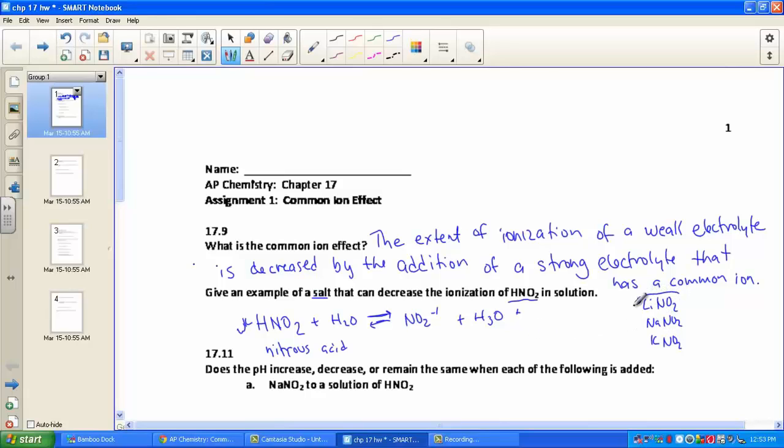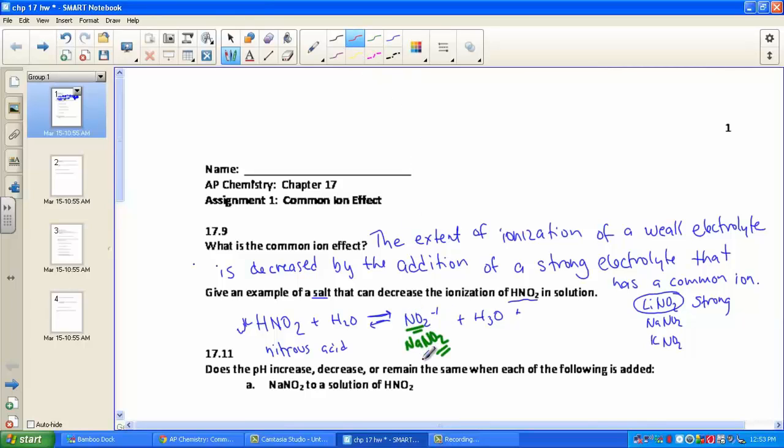If I just add this strong electrolyte, which is just any strong salt, it has this common ion effect. If we were to add sodium nitrite, the ion it has in common is NO2 negative.